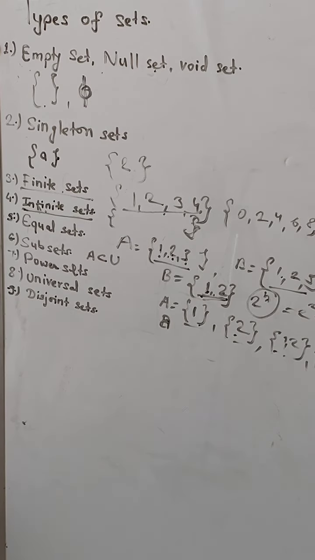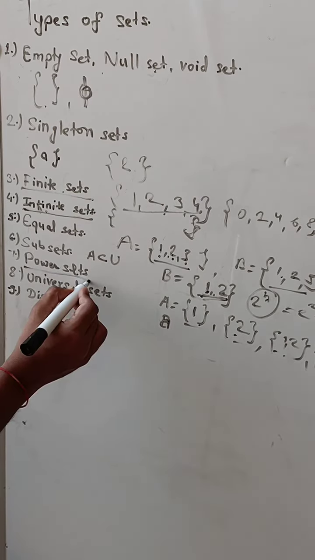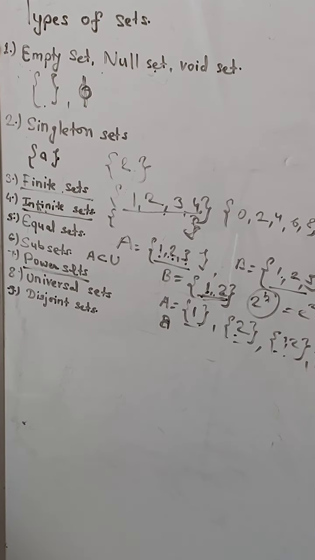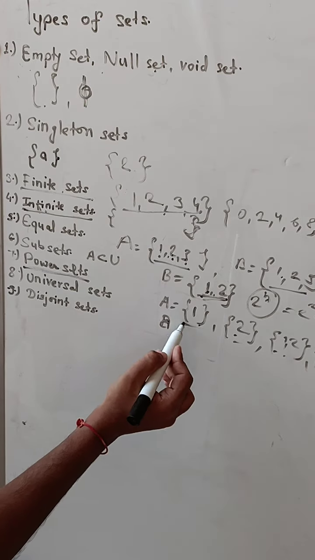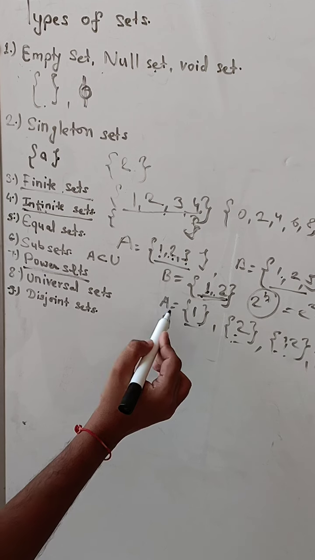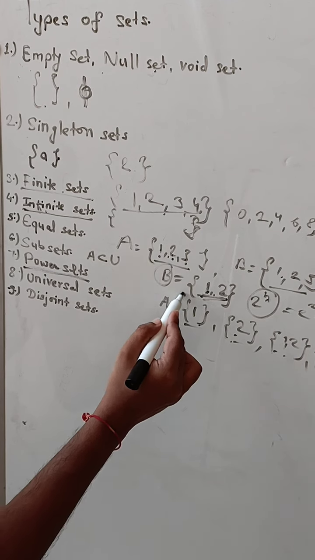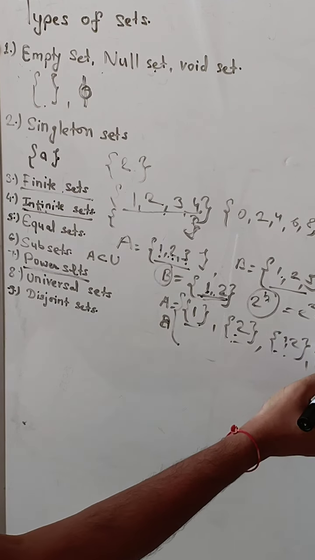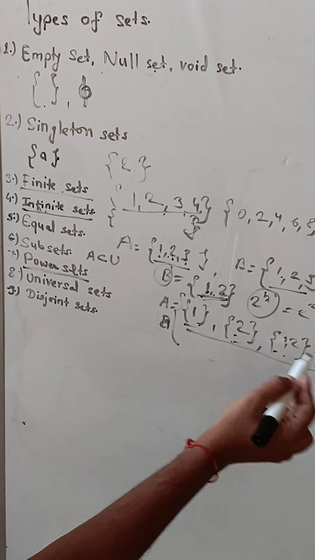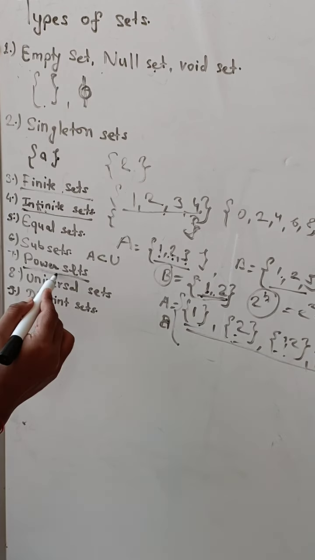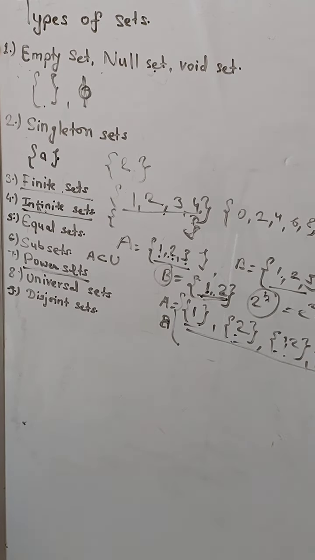subsets in total. Okay, and what is a power set? A power set is a collection of all the subsets. We had these subsets, right? And if we have to calculate the power set of this set, then all these subsets combined will give us the power set. Okay, and universal sets: the elements of all the sets combined can be called a universal set.